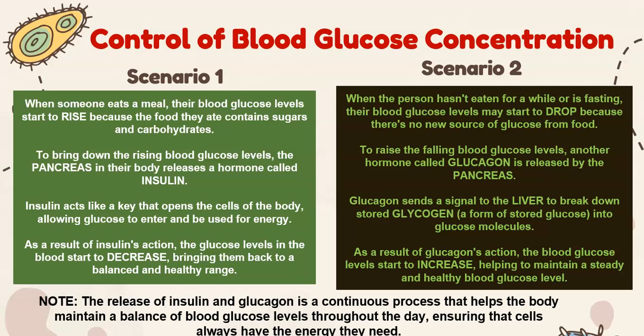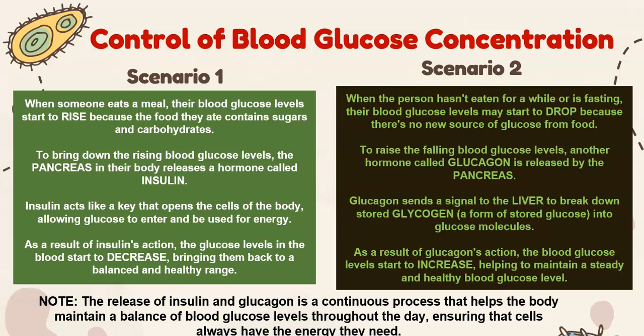Now, the glucagon, which is the hormone released by the pancreas, initiates an effect from the liver, which is to break down the glycogen and then release the glucose molecule back into the blood. As a result of this action of the hormone glucagon, the blood glucose level starts to increase, helping to maintain a steady and healthy blood glucose level.